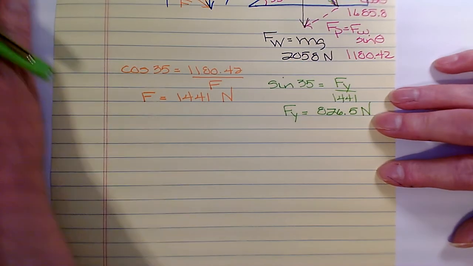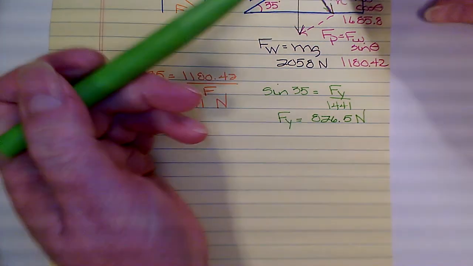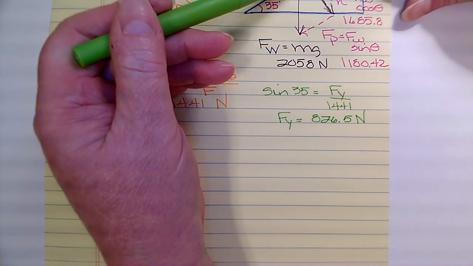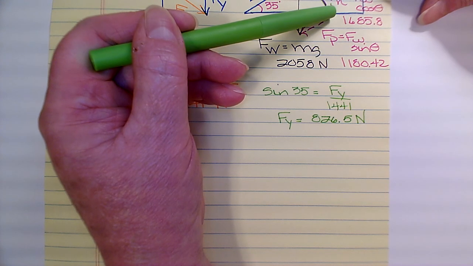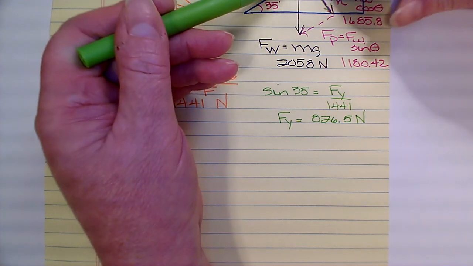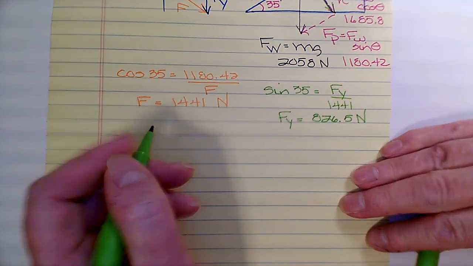All right, so to answer question B then, what is the magnitude of the force exerted by the ramp on the crate? So you have two things pressing down. You have the Fn and the Fy. This Fy now becomes another piece of Fn. So two things press down, and that's what the crate's going to press up.